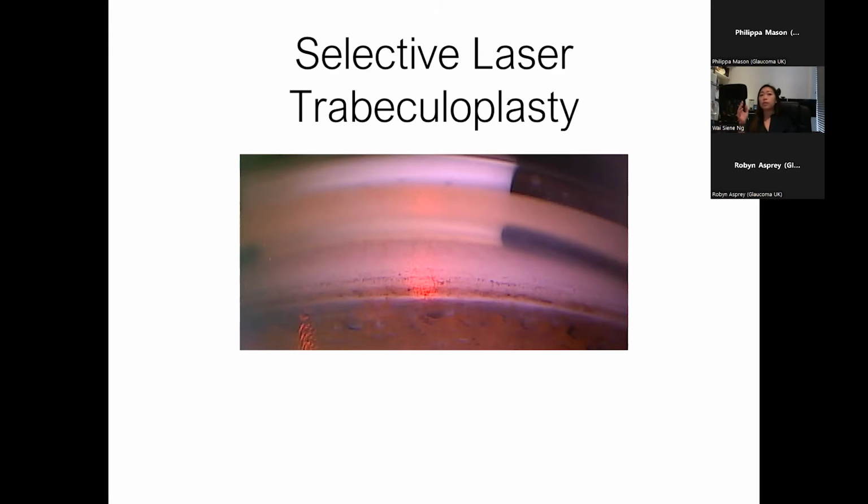It is delivered using a contact lens and is done just in the eye clinic in a room using topical drop anesthesia, and you go home on the same day, you don't stay overnight. It's usually done within 10 minutes. This laser causes the body to repair itself in the drains and makes your natural drains work better. So this is what SLT is.